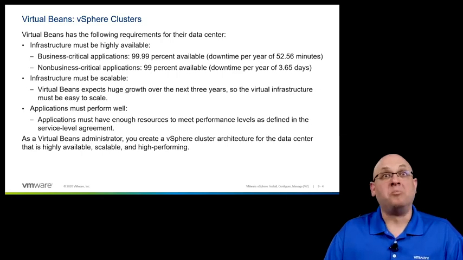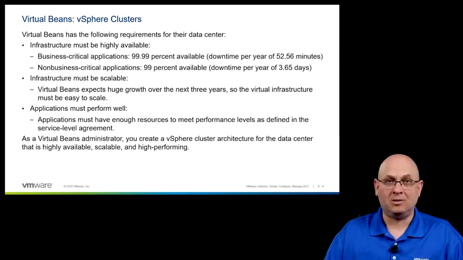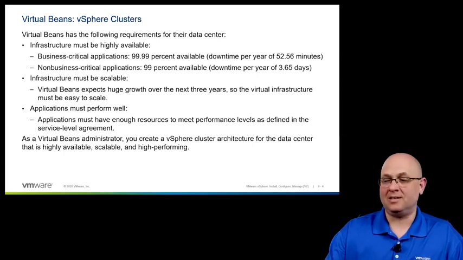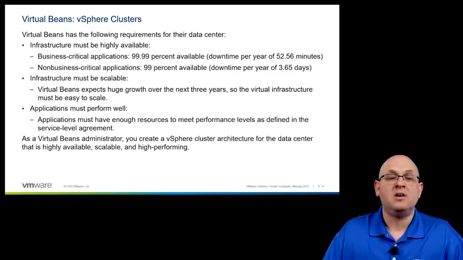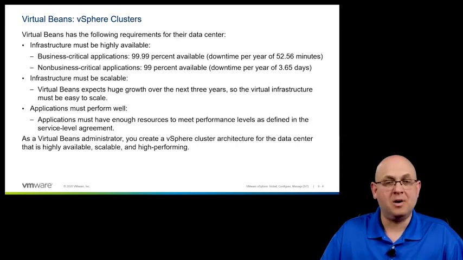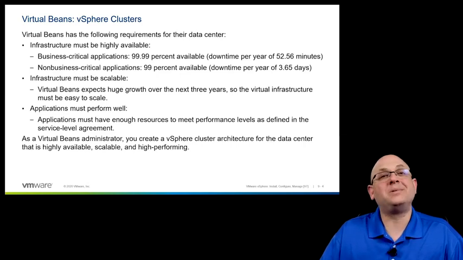That is the avoidance of unplanned downtime. Planned downtime doesn't fall into this. But we think that if we configure vSphere HA properly, we can actually achieve 99.99 or 99.999% uptime in our applications.